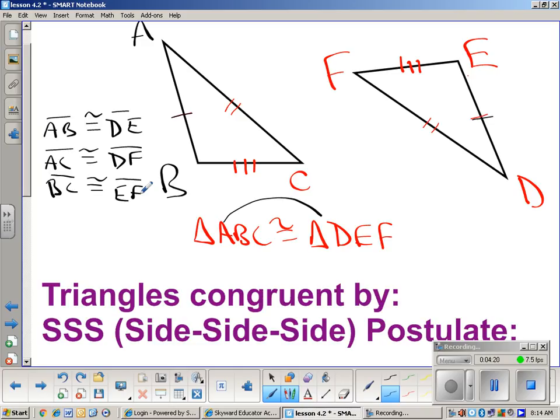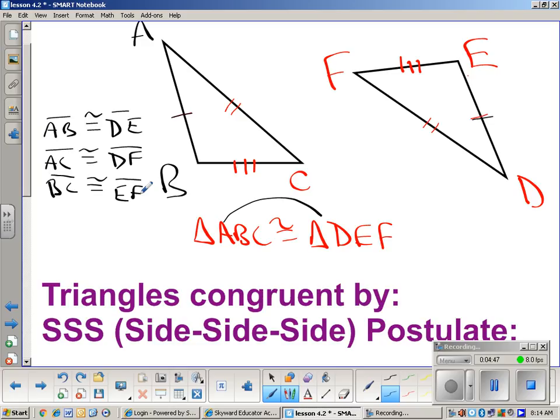Okay? So just having 3 sides doesn't automatically make a triangle.